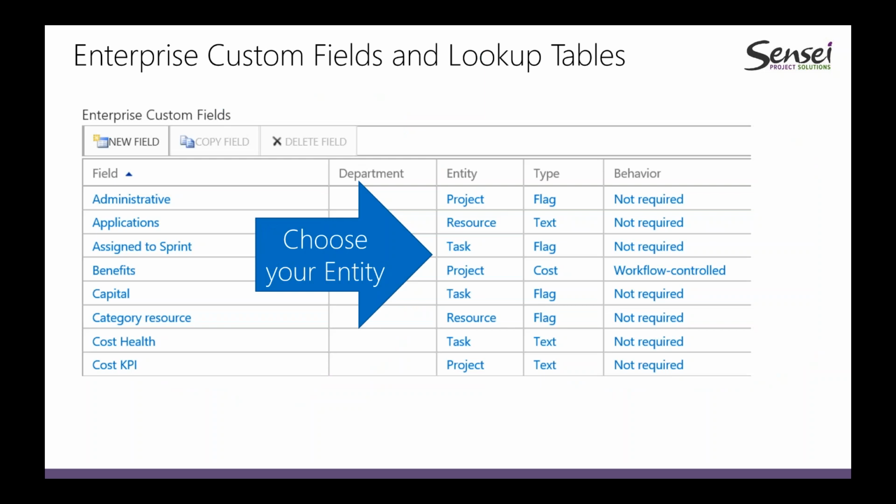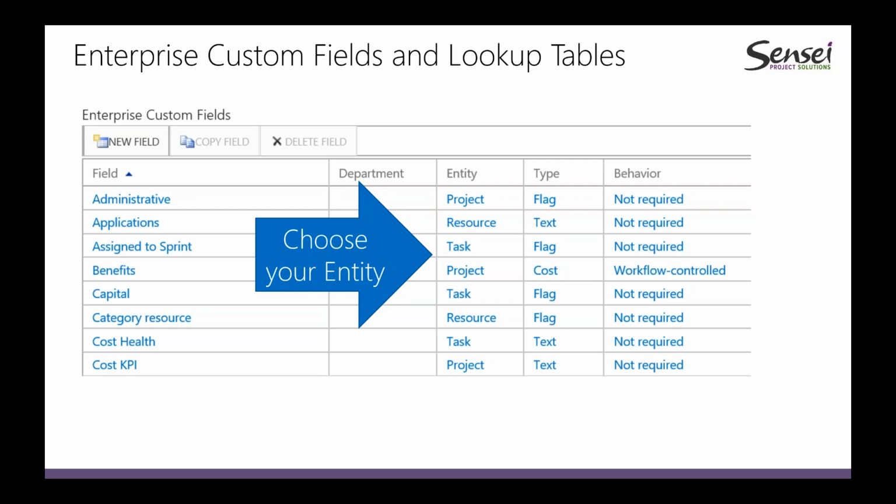So one of the things I really love about the PPM tool set is the ability to create enterprise custom fields and lookup tables. So when you go into PWA settings within your Project Online or your Project Server instance, you have the ability to create fields that are specific to you.